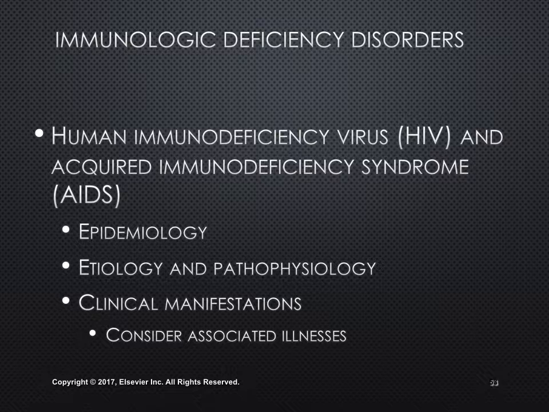The lymphocyte count gradually decreases over time, and at some point they start getting physical symptoms. The count eventually reaches a critical level, and when that happens, then opportunistic illnesses occur, followed by death. And once the opportunistic illnesses start occurring, that's when they say that they have changed from being an HIV-infected individual to having AIDS.